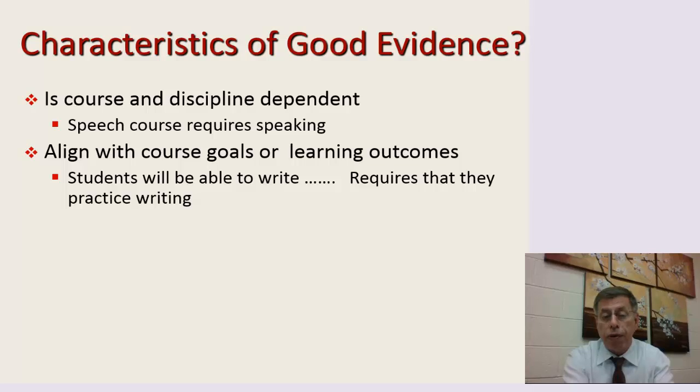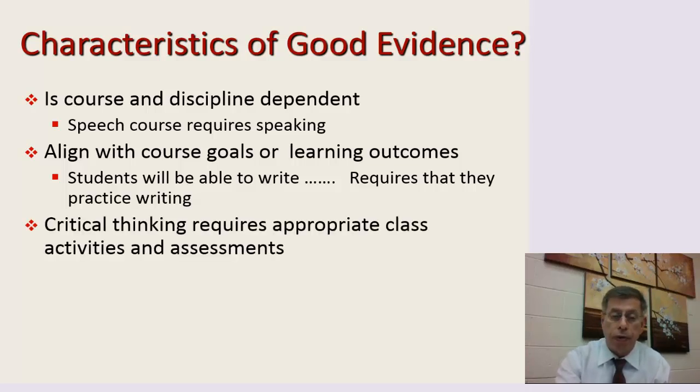If the learning outcome is that students will be able to write a lab report, it requires that they write and turn in lab reports, and that the activities within the class provide opportunities for them to practice and learn how to write a good lab report or a project report of that sort. So they need to align with the learning outcomes.